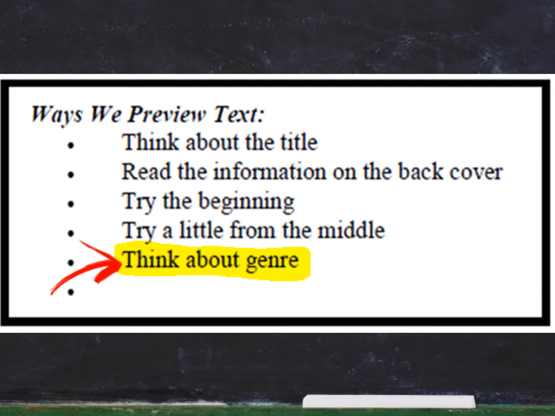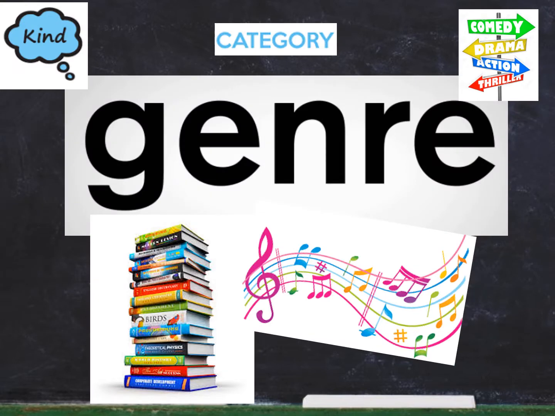When previewing, the last step is to think about the genre of the text you have chosen to preview. I wonder how many of you already know what the word genre means. Genre means category or kind or type. If anyone has ever asked you, what's your favorite type of music?